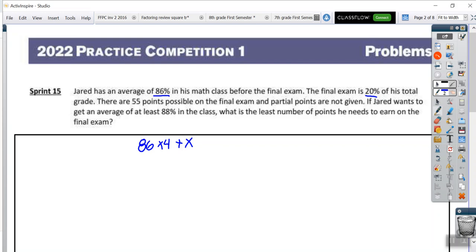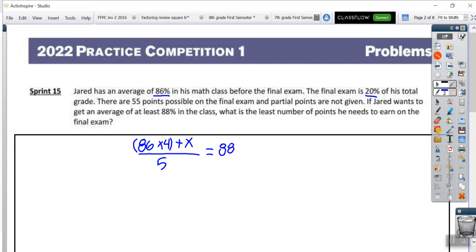That would be his percentage on the final exam. We divide all this by 5, because here's his current grade and here's his final exam. Divide that by 5 to get his average, and he wants 88.